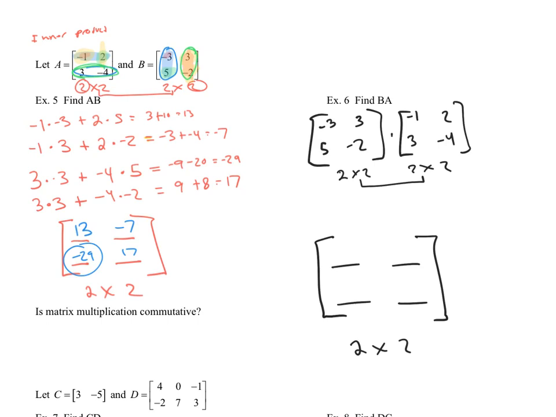So let's do this. We're going to do the top left. In order to find the top left, I'm going to multiply the top by the left.